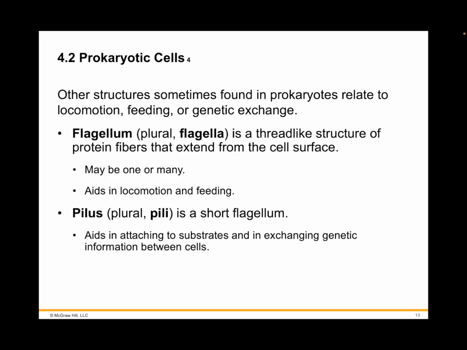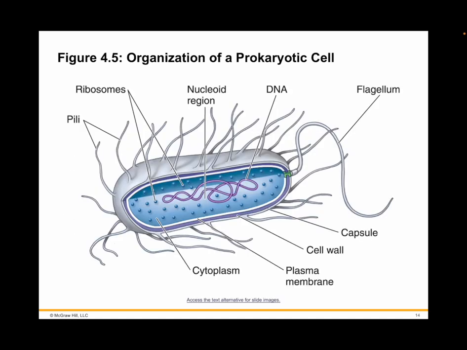Some prokaryotic cells contain pili or a pilus, which are short flagella, and the pili help prokaryotic cells attach to appropriate substrates and aid in the exchange of genetic information between cells. This shows figure 4.5, the organization of the prokaryotic cell.